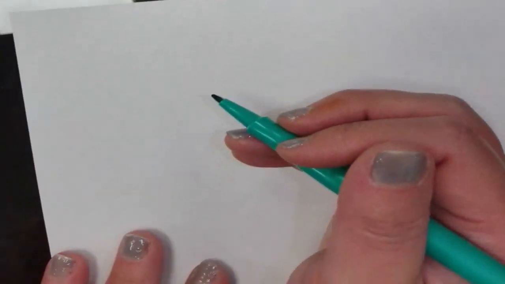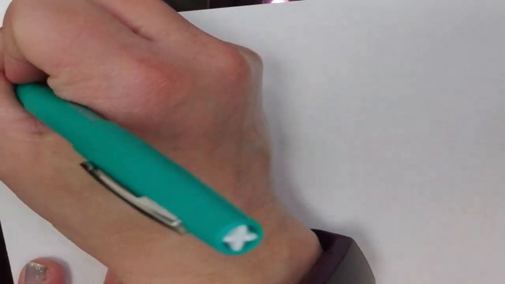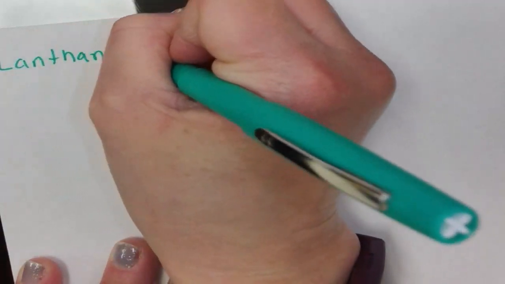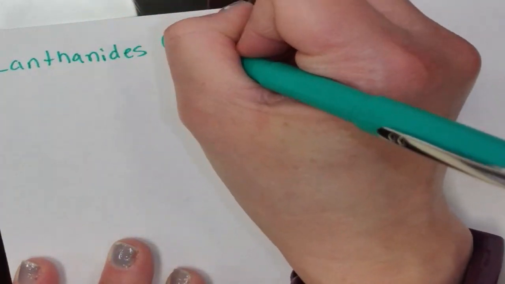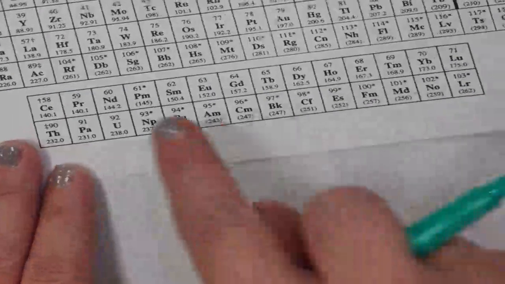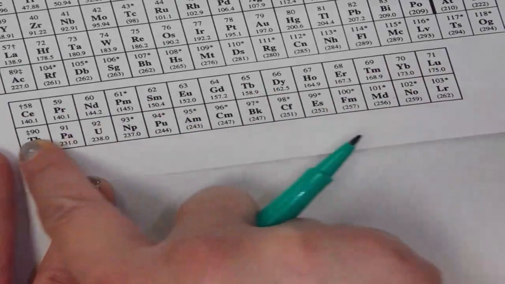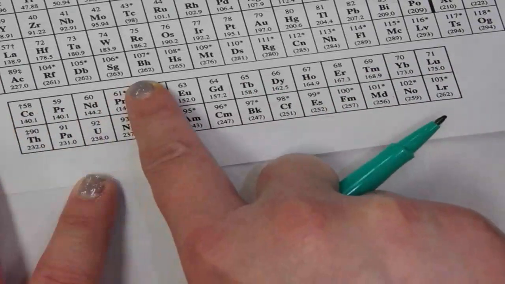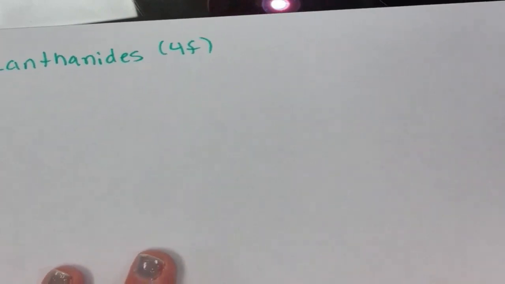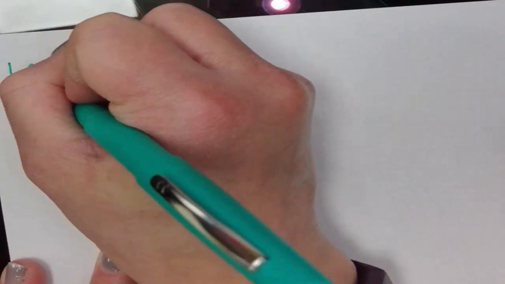So the lanthanides, this is our sublevel 4f. And if you remember, the 4f is this top row. And the lanthanides are going to have properties similar to the alkaline earth metals.